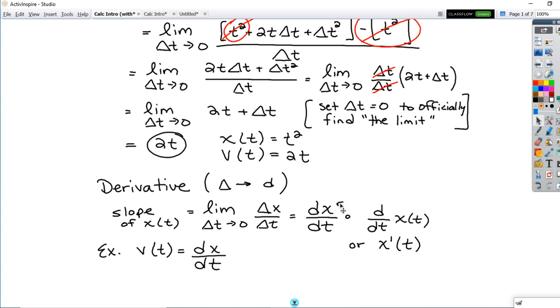This is common, but this is also used. Another way of writing it is using the prime notation. X prime at t is the same as dx over dt. This is the derivative of x at t.